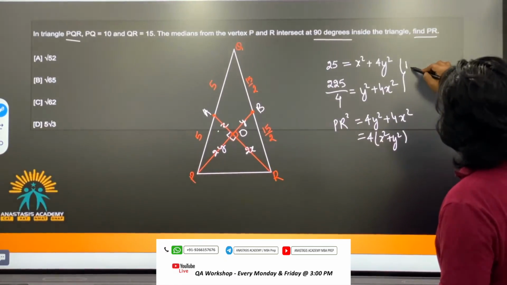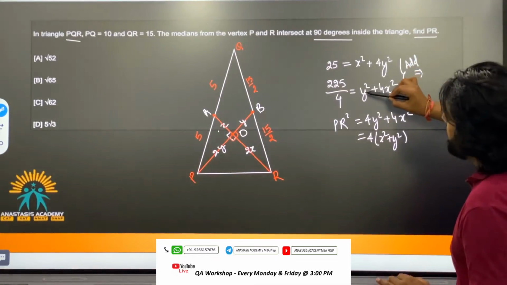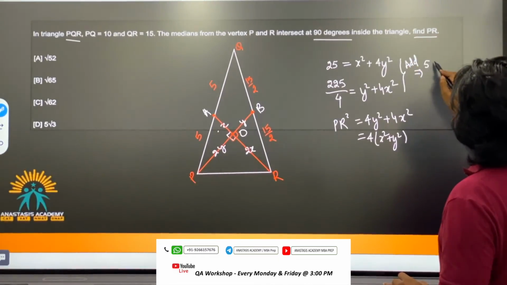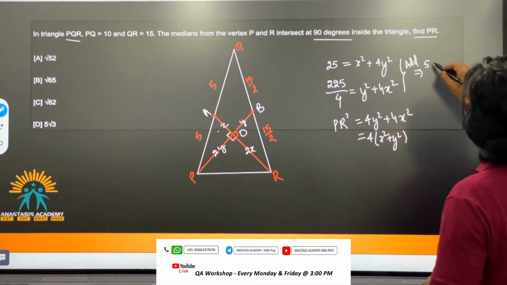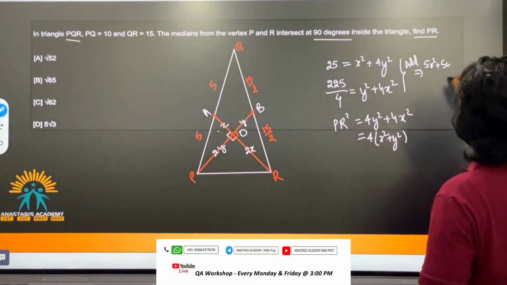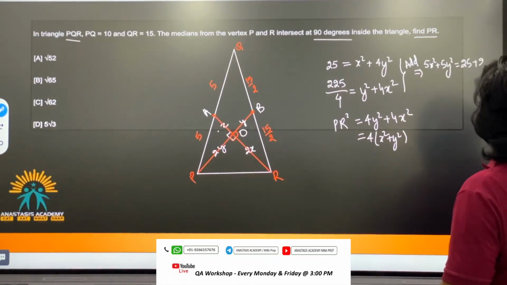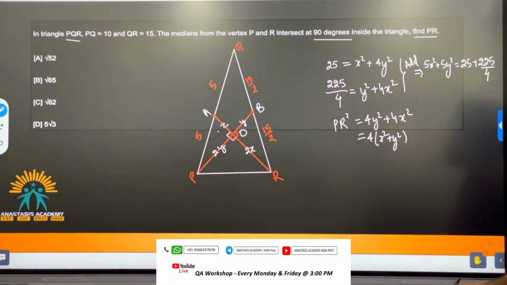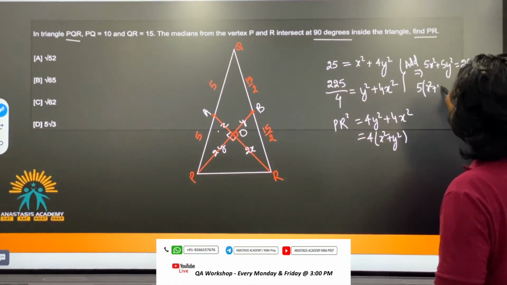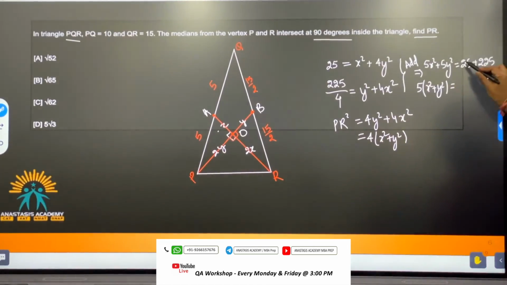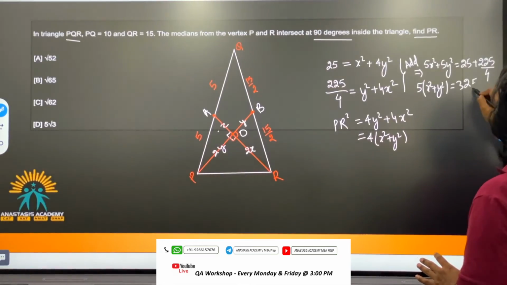If I add these two, I would get 4y square plus y square, this is 5 times y square, and 4x square plus x square, 5 times x square. So it becomes 5x square plus 5y square is equal to 25 plus 225 by 4. If I take 5 common, this is 100 plus 225, 325 by 4.